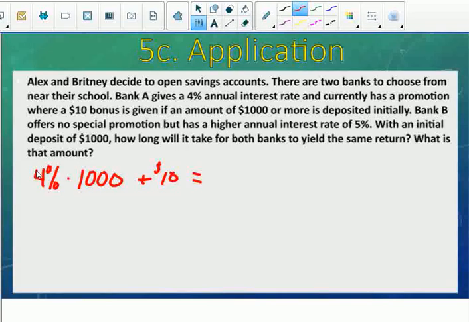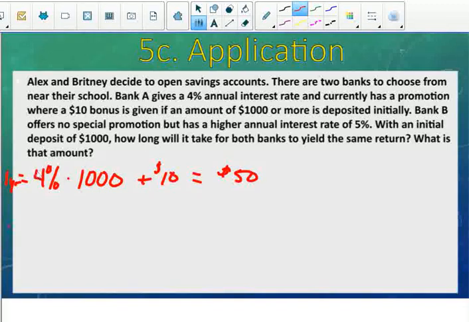So this is 4% times 1,000, because you're putting that initially in there. So this is for 1 year. For 1 year, 4% of 1,000 would be 40. 40 plus 10 gives you $50.